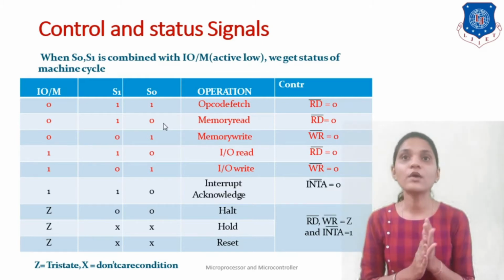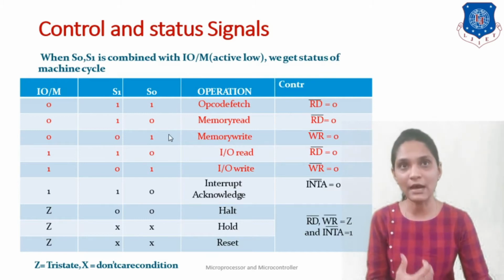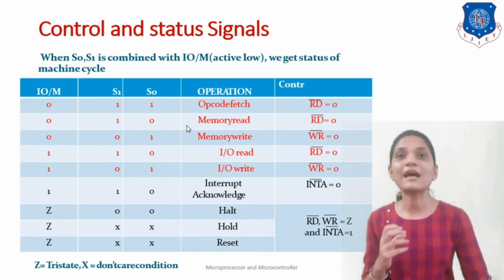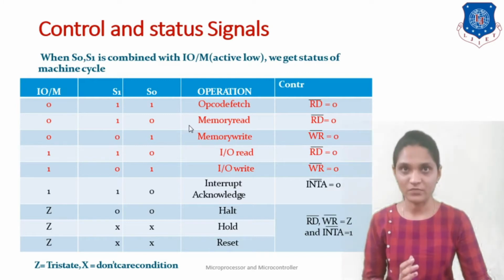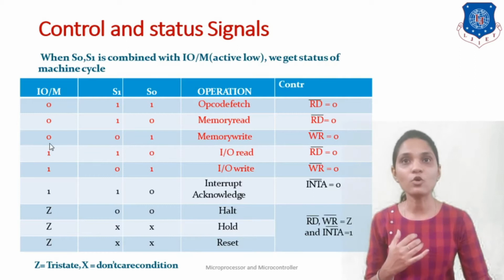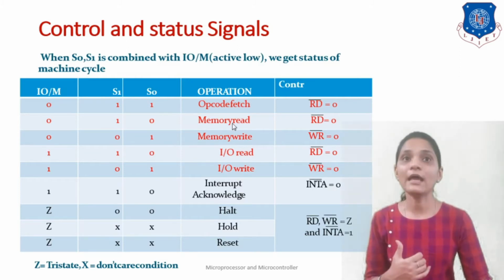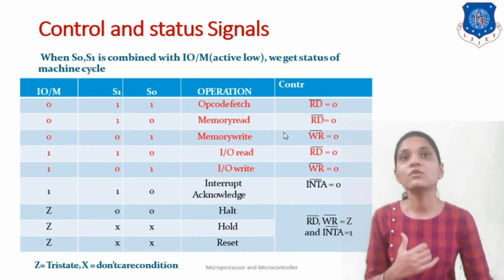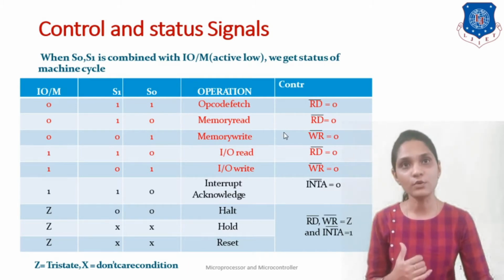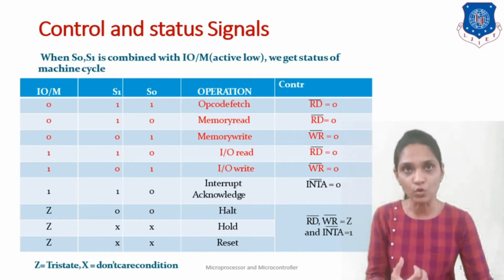Whenever you have the condition IO, M bar is 0 as well as RD bar is 0, your task is related to memory read. Similarly, if my task is related to memory write, then IO, M bar will be 0 because it is also a memory related task, and the control signal generated should be WR bar, that is, WR bar should be active low.